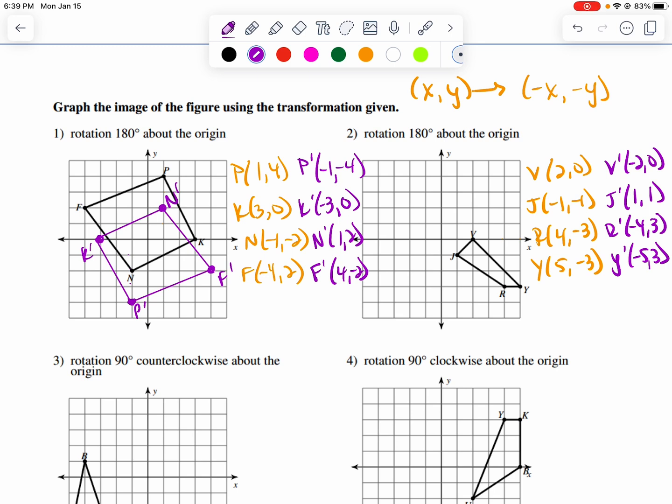So negative 2, 0, here's V prime. 1, 1 is J prime. R prime is at negative 4, 1, 2, 3, 4, positive 3. And Y prime is at negative 5, positive 3.